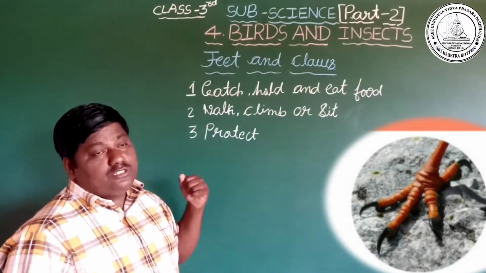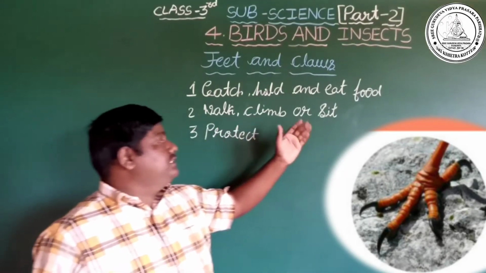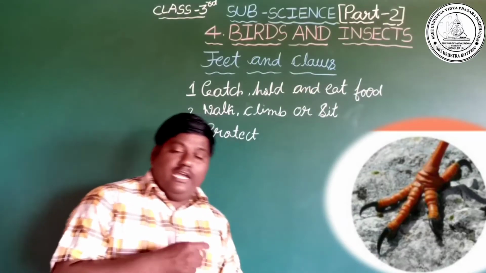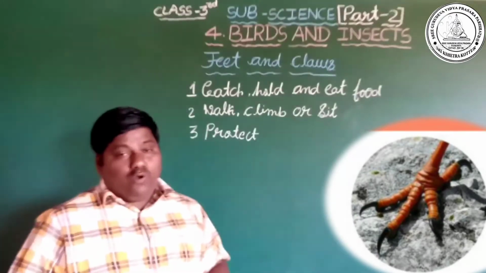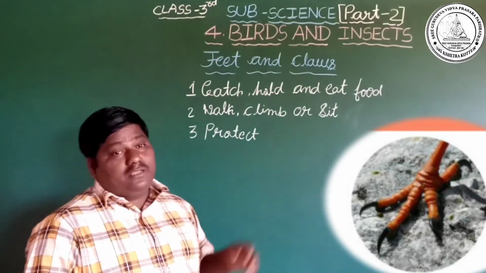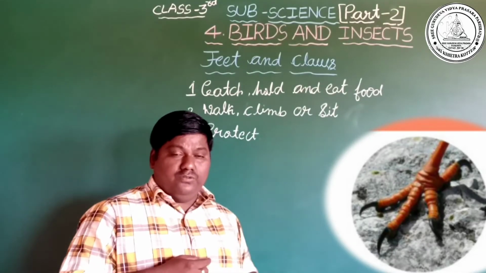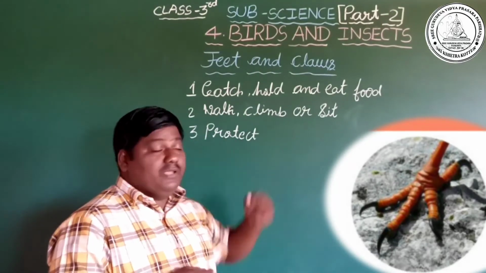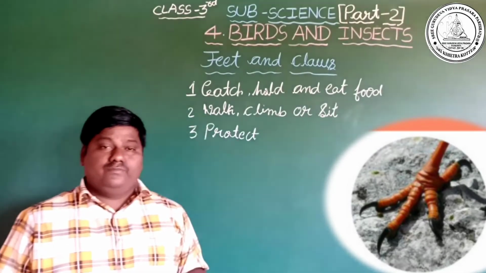Next, what is the use of feet and claws? Walk, climb, and sit. Here, with the help of feet and claws, they are walking. See how we are walking with the help of legs, like that. Climbing, they are climbing the tree. That means in Kannada we call mara hattuvudu. See, they are also climbing and they sit on the branches of the tree.